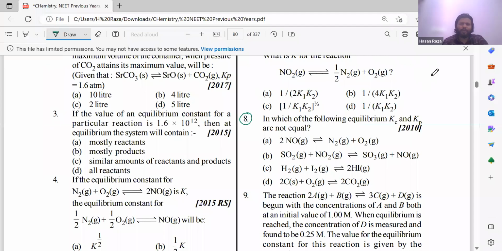Kp will be equal to Kc when delta Ng is equal to 0. If delta Ng is not equal to 0, then they will not be equal. For this, delta Ng is equal to 0. For this delta Ng also equals 0, because 2 moles of gaseous product and 2 moles of gaseous reactant, it will be 0. This will also be 0. But if you calculate this, you will get -1. So the answer will be D.